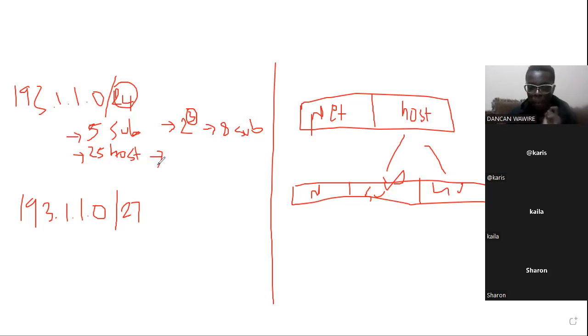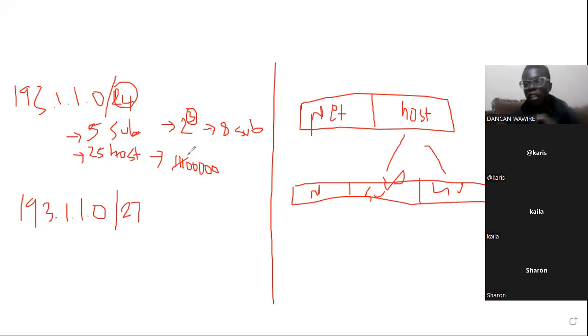Twende kwa host. Wamesema they can only take the largest subnet itakuwa na only 25 host. Kama mimi nimechukua the 3 bits nikaziongeza huku kwa subnet, that means I'm only left with what? How many for host? Only 5. Let me write them here. Nimechukua hiyo 1 2 3 4 5 6 7 8. Nishachukua hizi 3 kitambo.